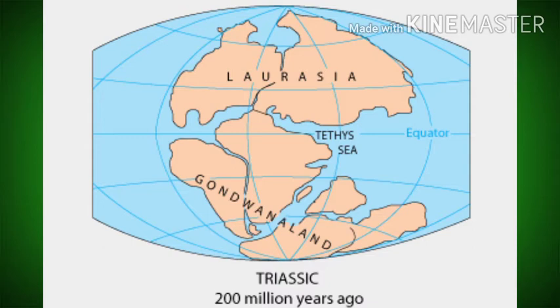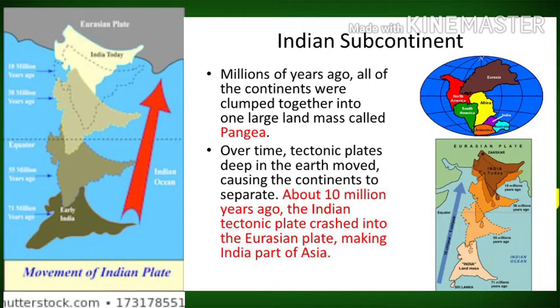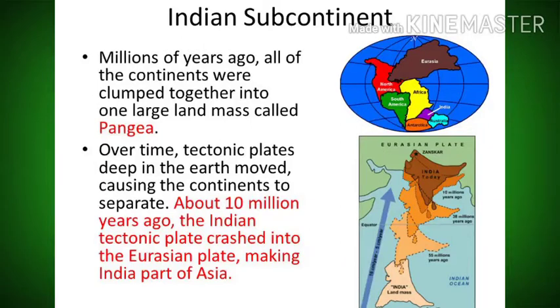So, the Indian plate is originally a part of the ancient continent of Gondwana. India broke away from the other fragments of Gondwana 100 million years ago and began moving north, as you can see in this picture. The Indian tectonic plate is located in the northeast hemisphere.